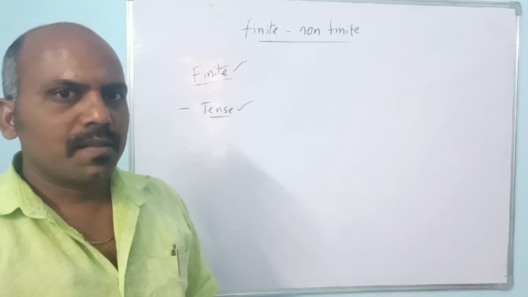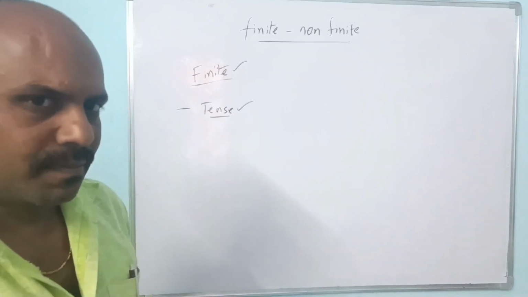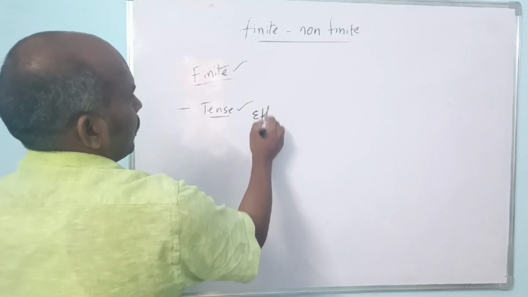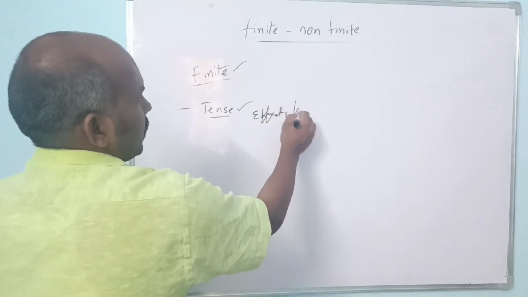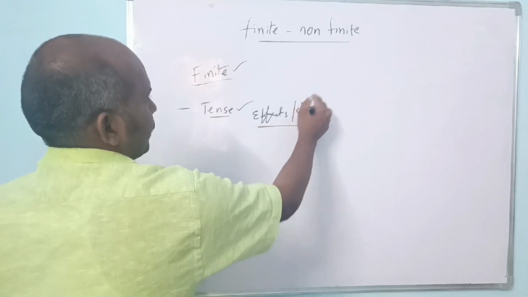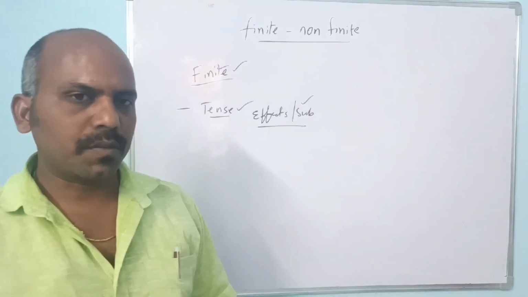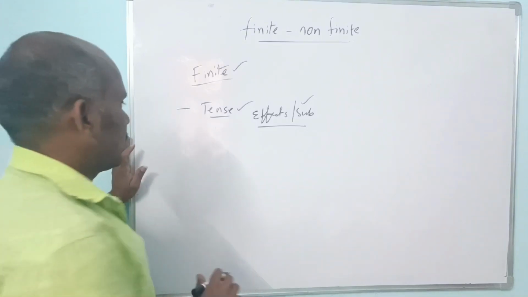The first thing: finite verbs are affected by the subject. I'm sure you will see how.